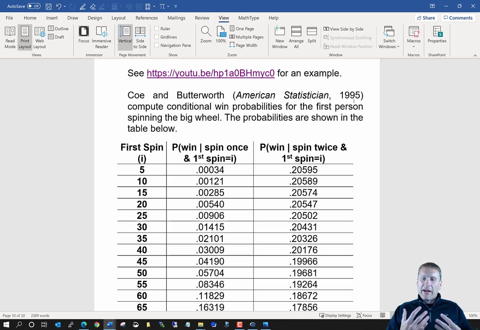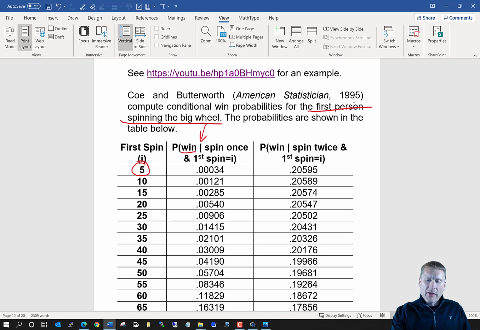And this paper looked at it in terms of conditional probabilities. So that first contestant, the first person spinning that big wheel, let's say they got 5 cents on their first spin, and they need to make a judgment. Do I stop or do I spin again? Well, if they stopped, notice we're doing a conditional probability here.